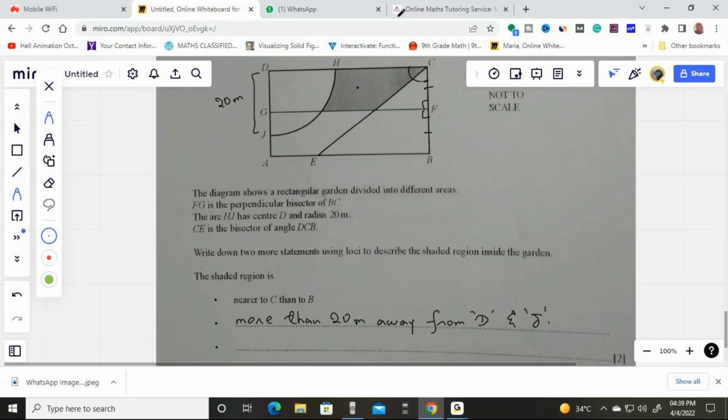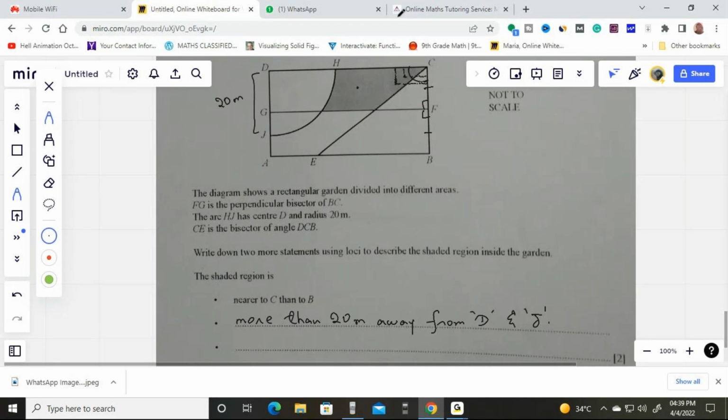It is not going to be applicable on all the points if I pick up the combination of DC and BC lines, because if I pick up this point, is it satisfying my statement? This point is nearer to BC and far away from DC. Yeah, it is also satisfying. Okay, if I pick up this point, it is nearer to DC, far away from BC.